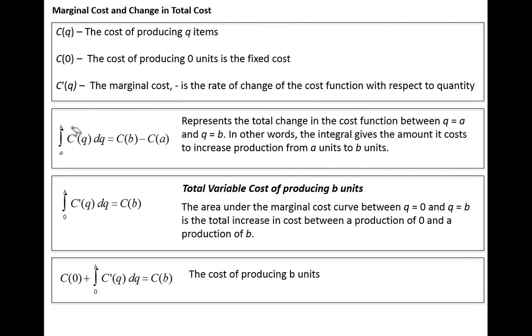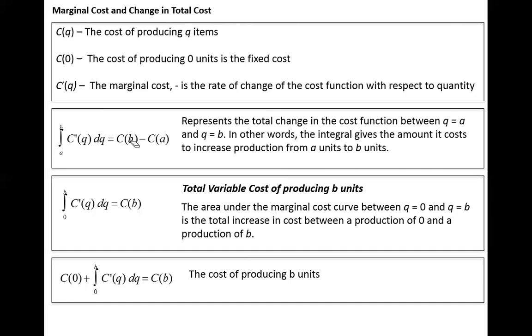Now the definite integral of the marginal cost will give me the total change in the cost, the total change in the function. That's the main thing, how we can look at the integral. The definite integral from a to b of C prime of Q dQ, which is the marginal cost, is again a difference.